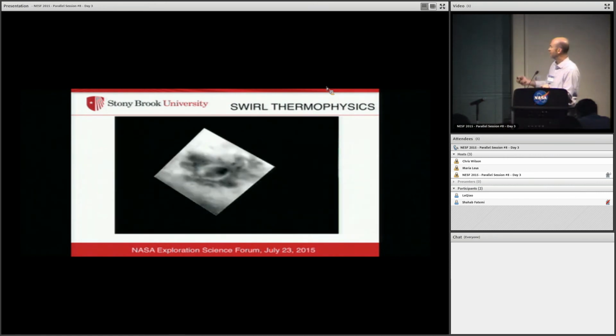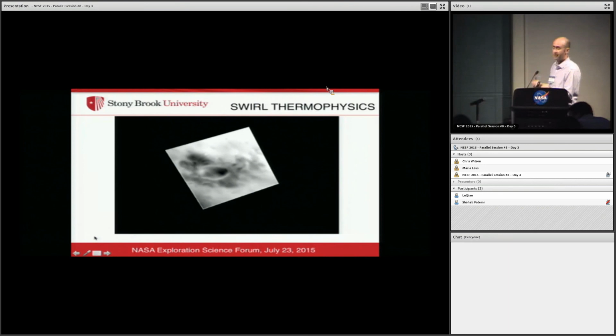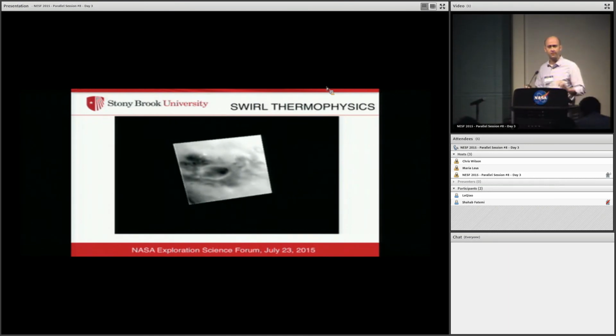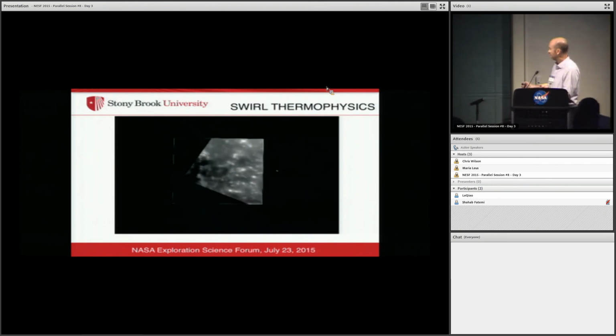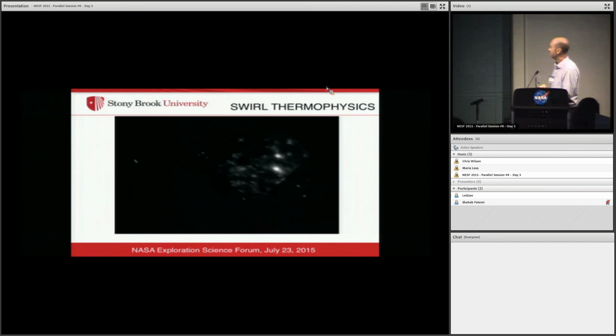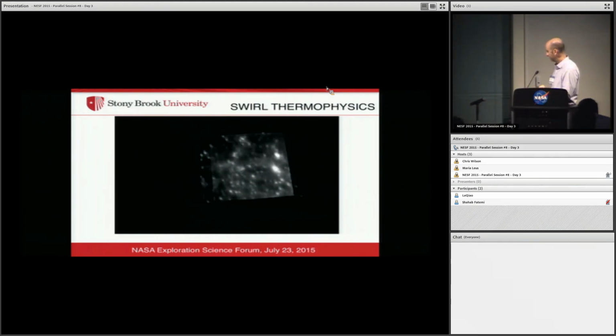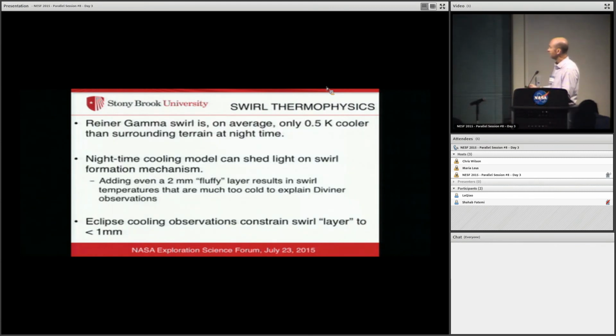As you can see, as we go into the eclipse, the swirl feature disappears, and we can't see it compared to the surrounding terrain. So there really can't be a finely structured feature or layer at Reiner Gamma, and these eclipse observations constrain that really well.